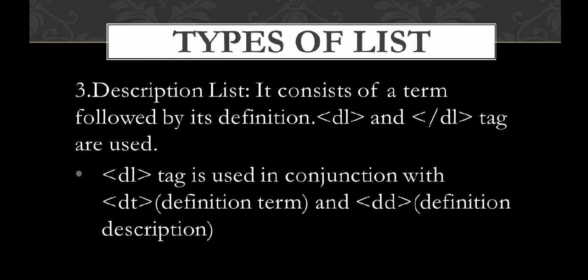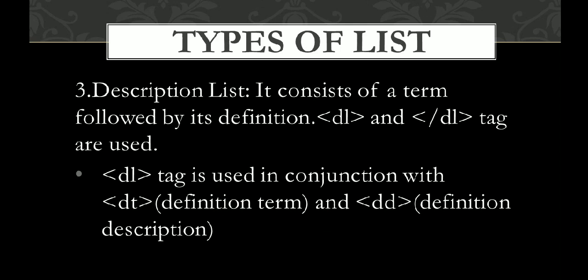The next is the description list. A description list consists of a term followed by a definition. Basically, it is used for defining something in HTML. In a definition list, we use the DL tag. The DL tag is used for the definition list. Within the DL tag, we use two types of tags, DT and DD. The DT tag is used for the definition term and the DD is used for the definition description.